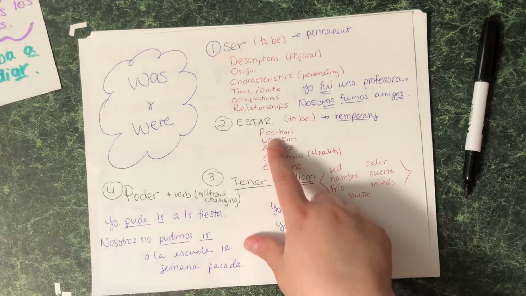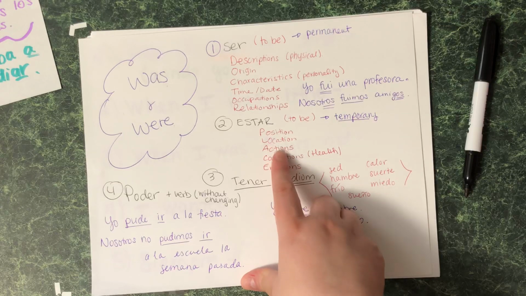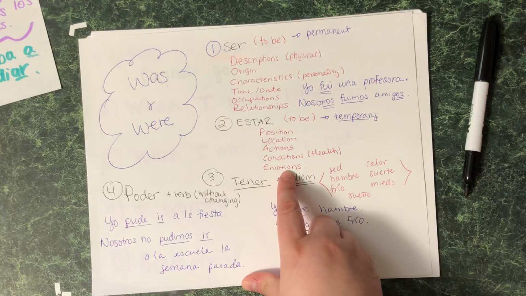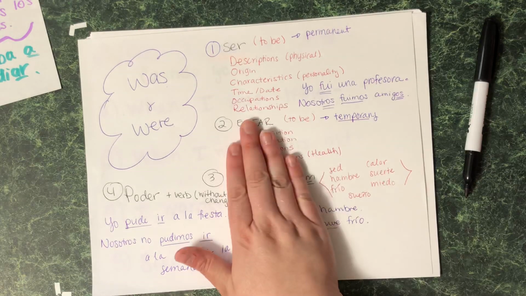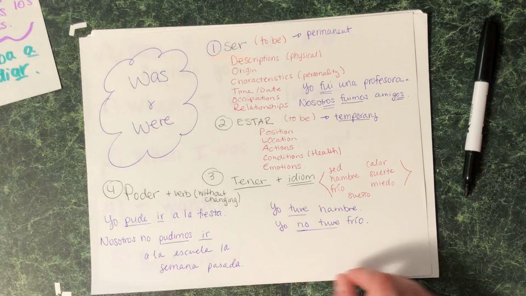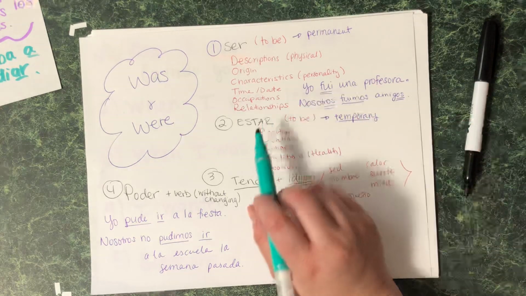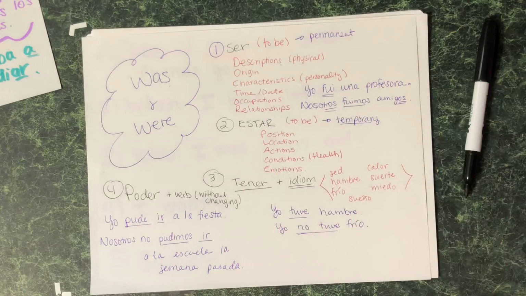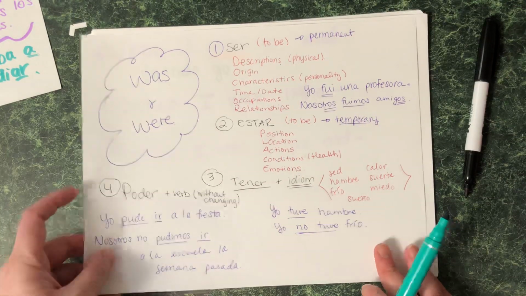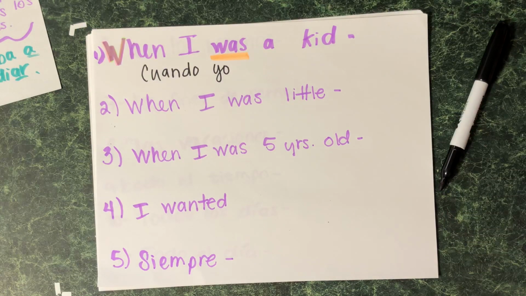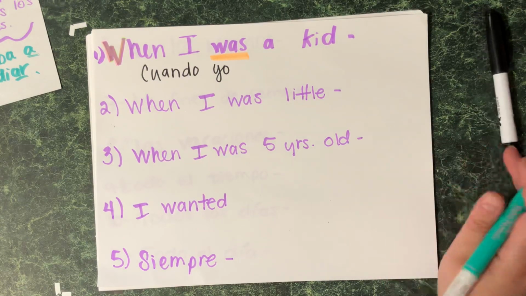When I was a kid, am I talking about a position, location, actions, conditions, as in my health, emotions? No. So you can eliminate estar. The only one left is ser. Which description would fit the best? It's going to be a physical description, so we're going to use the verb ser in the imperfect tense.